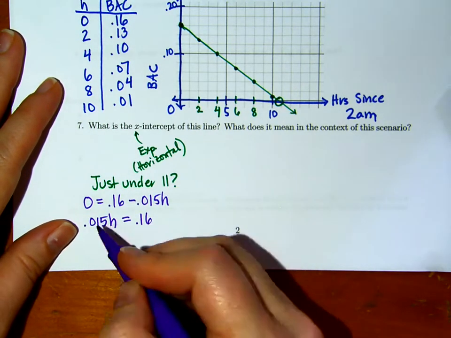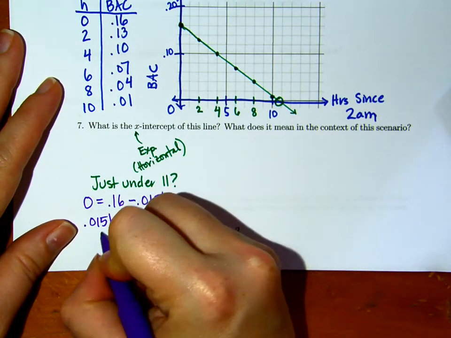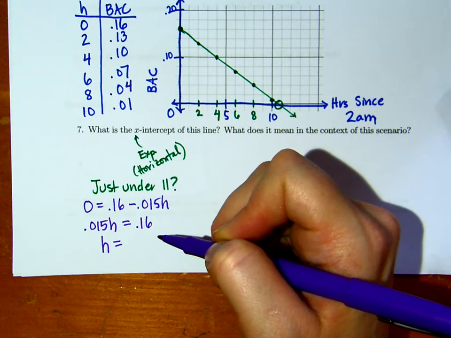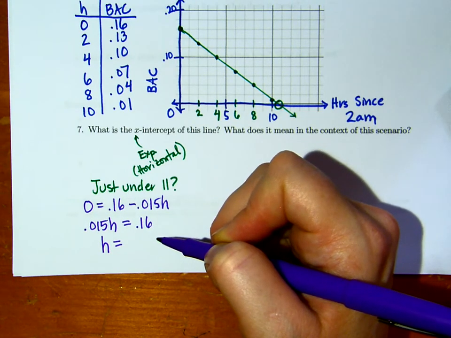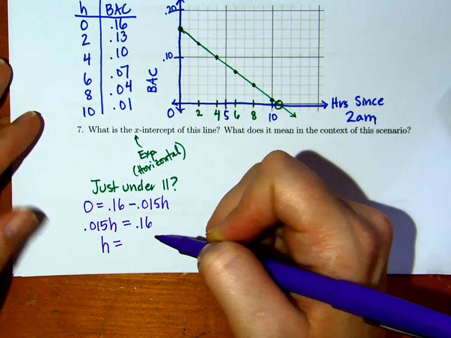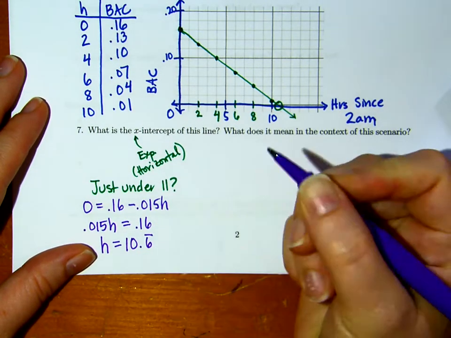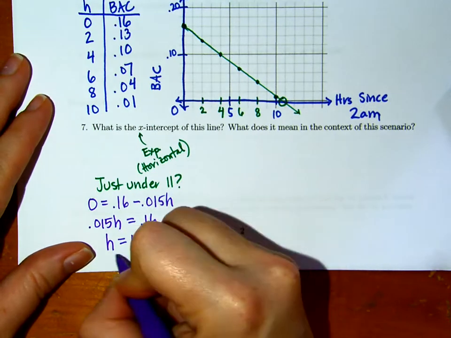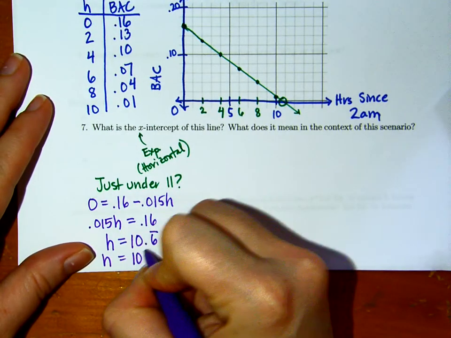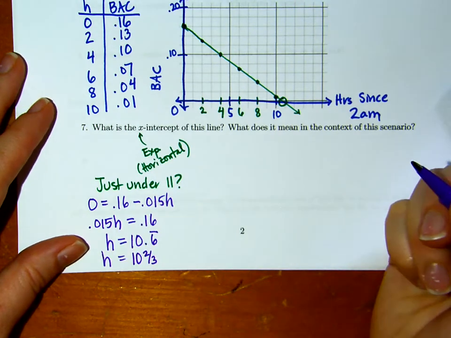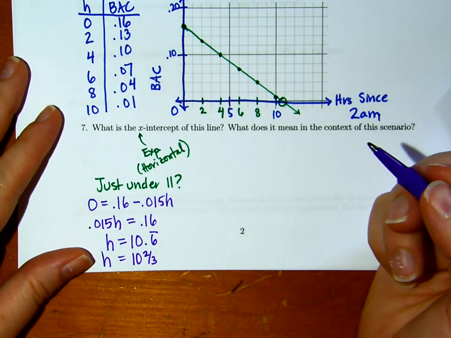Scale down both sides by 0.015. So 0.16 divided by 0.015, and we get 10.6 repeating, which then I'm going to rewrite as a fraction. 10 2/3 is where this happens.